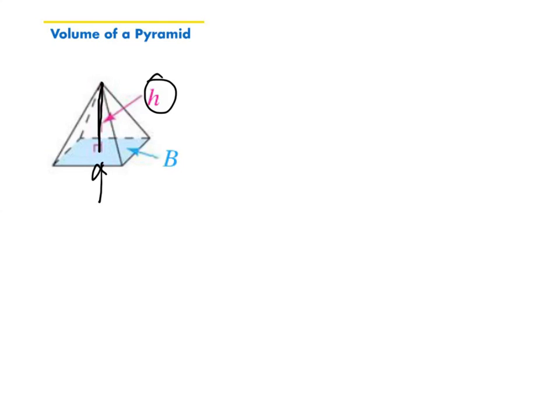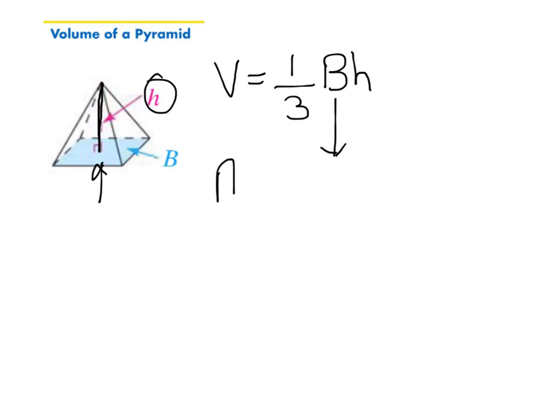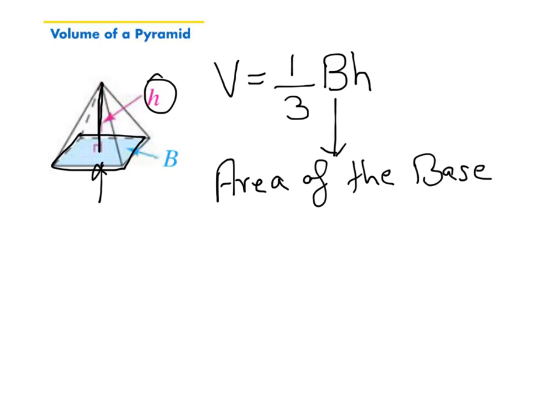The formula to find the volume of a pyramid is 1/3 times B times H. And what does B stand for? It stands for area of the base. And what is the shape of the base? It's a square. And what does H stand for?